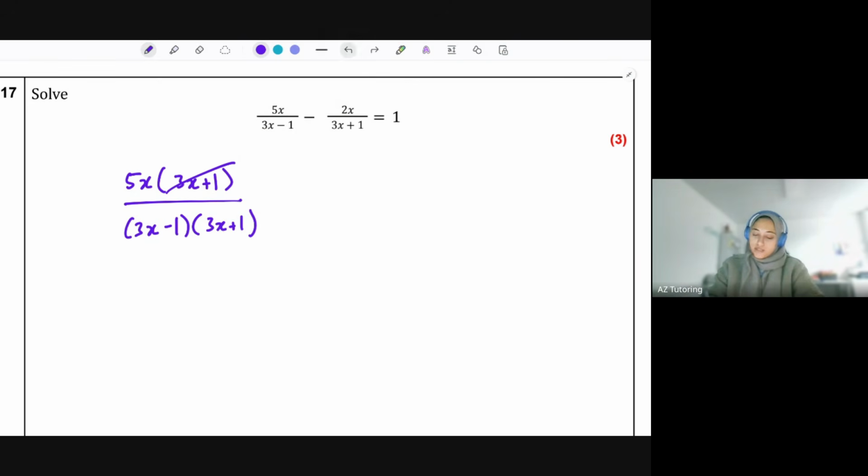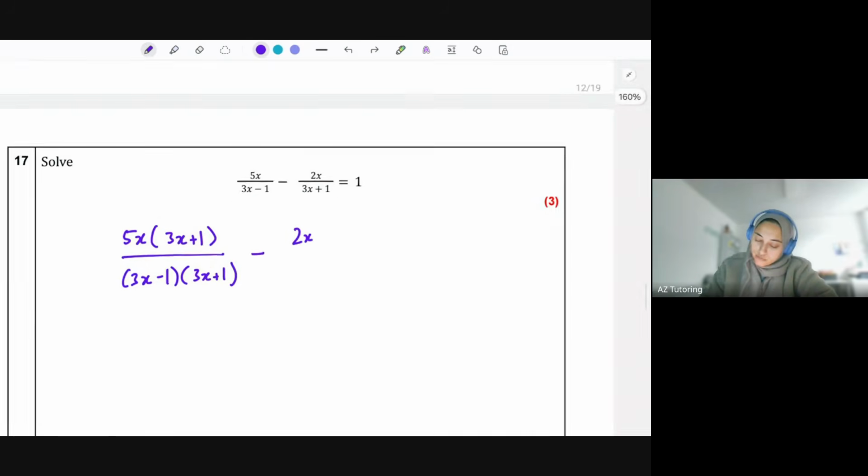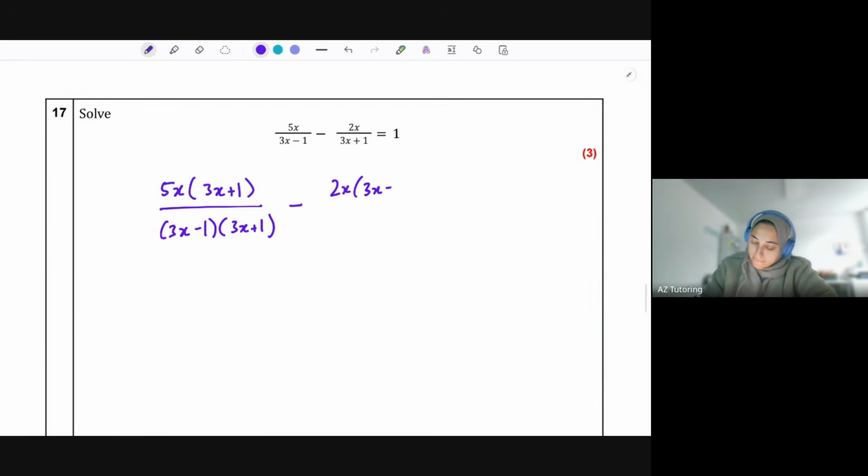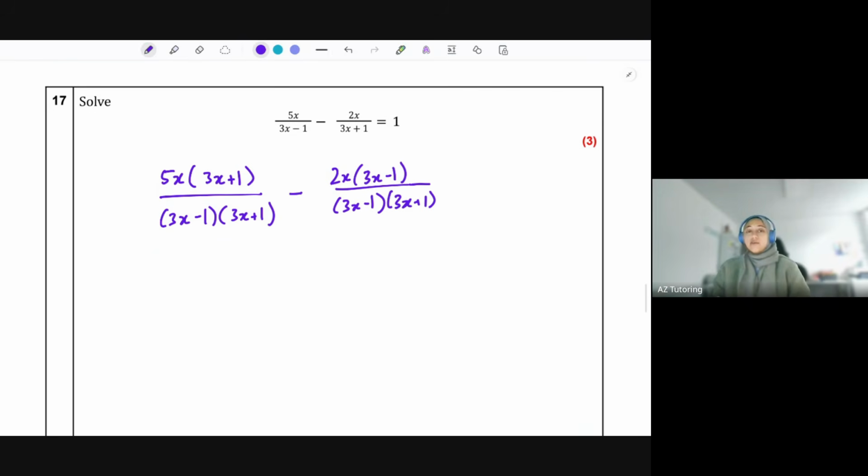So that's the reason why we're doing it. A lot of kids get confused with that. Then minusing 2x, this time we're timesing by 3x minus 1. So if I've times the top by 3x minus 1, I'm timesing the bottom by 3x minus 1. So as you can see, both denominators are now exactly the same, so we're going to combine them together.